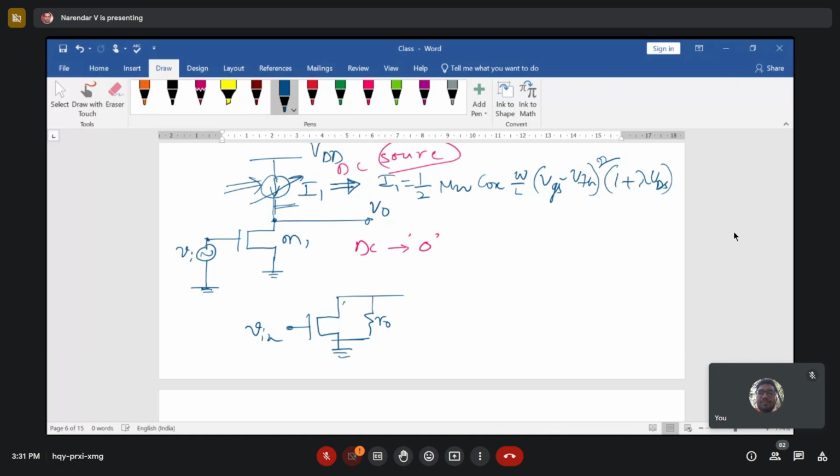Here the current you can write as gm times VGS. As VGS changes, you have this value, and this is your V0 terminal.